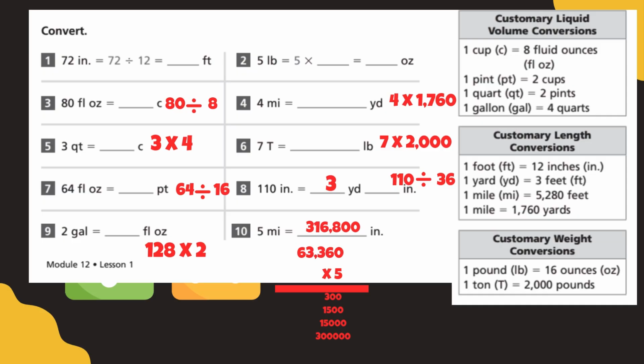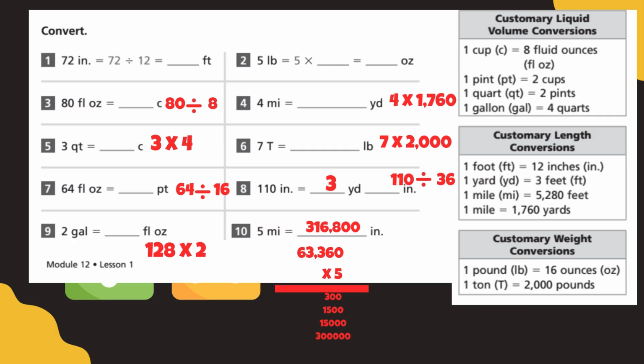For number 3, 80 ounces equals how many cups? 80 divided by 8 will give you your answer. For number 4, 4 miles equals how many yards? 4 times 1,760 will give you your answer in yards.